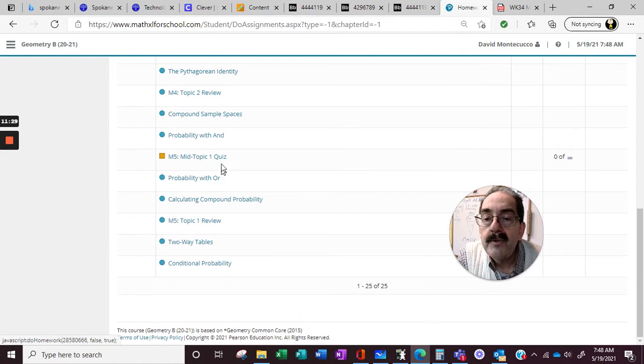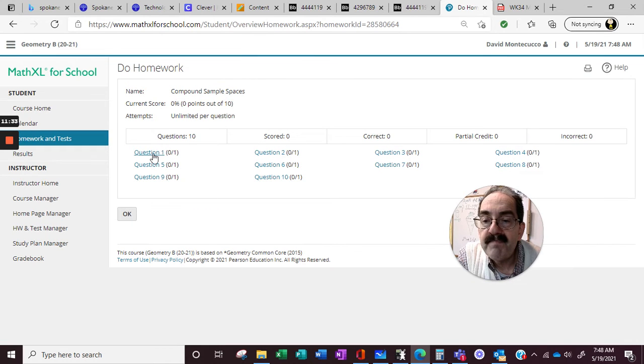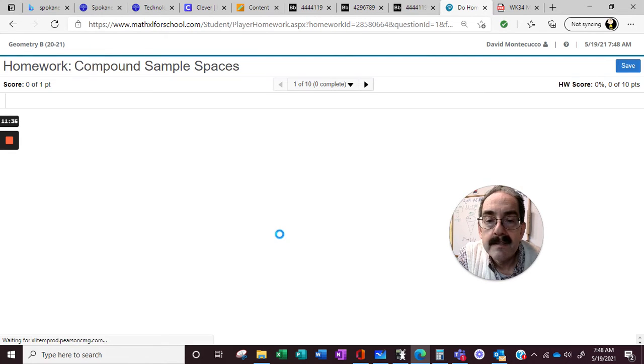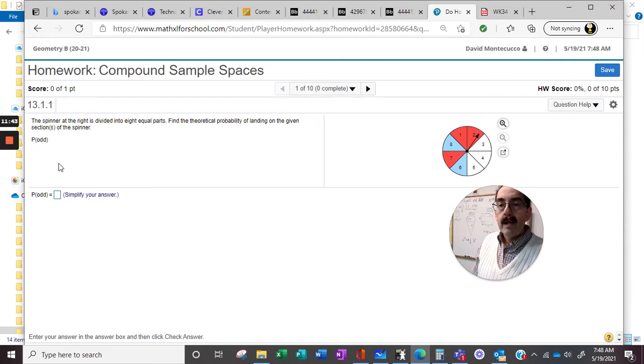Now I want to get to our first problem with probability. So what is the probability that you can spin the spinner and get an odd number? The first thing you do is, how many total numbers are there? How many pieces of the pie? 8.